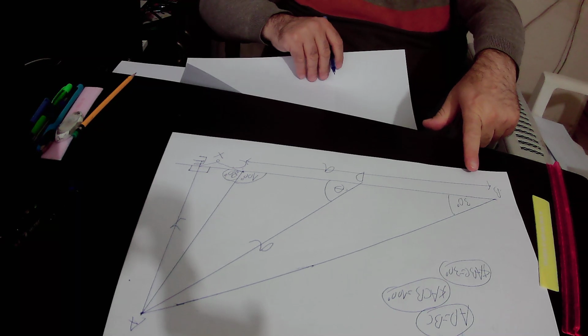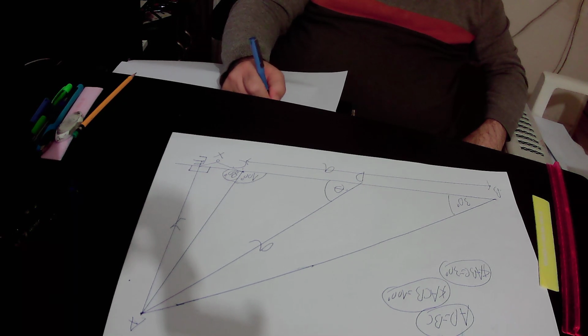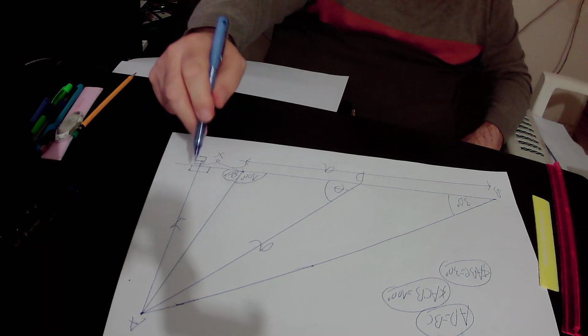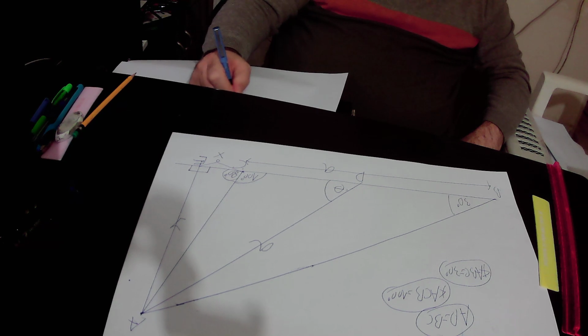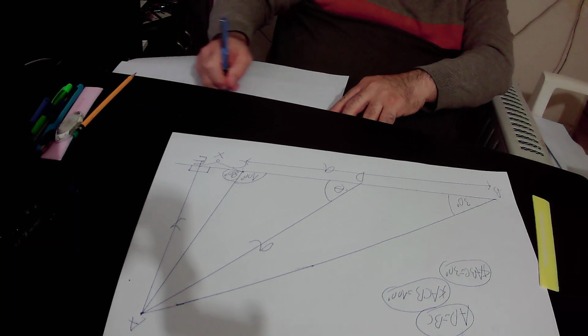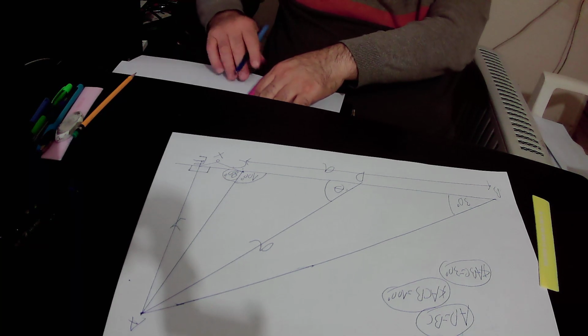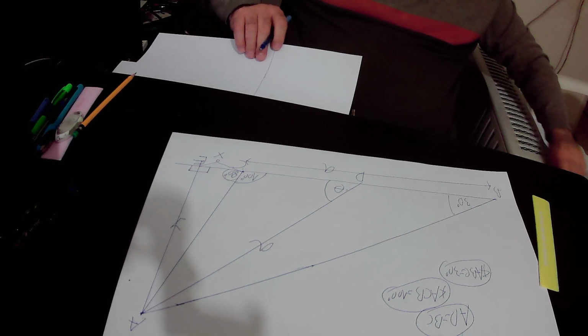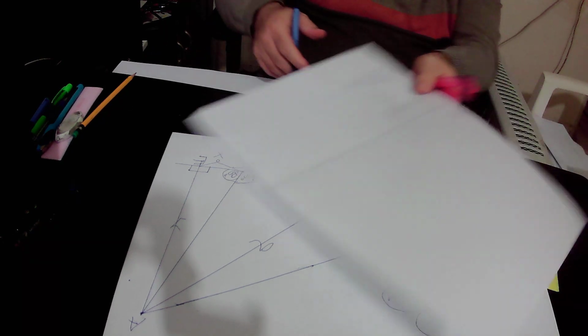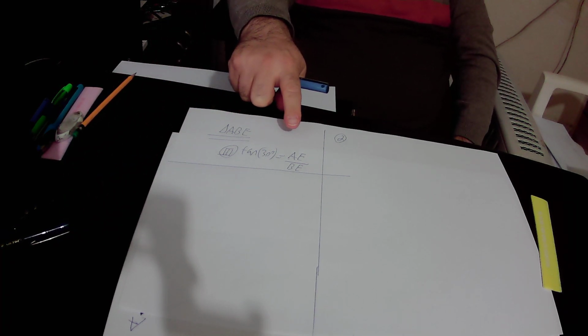In the right triangle ABE, tangent 30 degrees equals AE over BE.